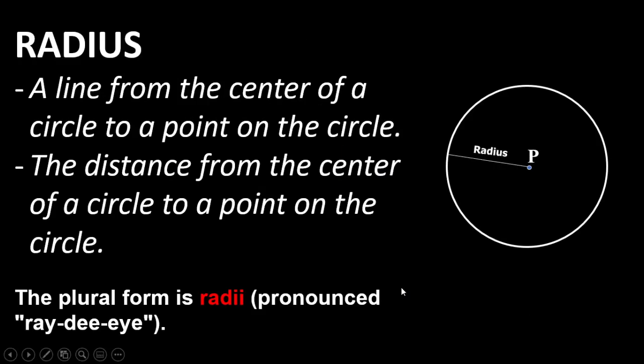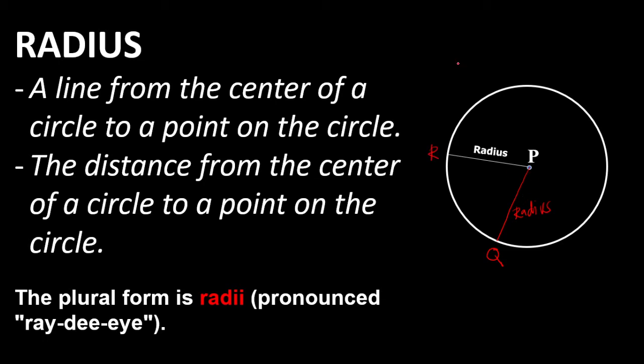Now, let's talk about radius. Radius is a line from the center of a circle to a point on the circle. So, given in the figure, if you draw any line from the center to any point on the circle, this line is called the radius.